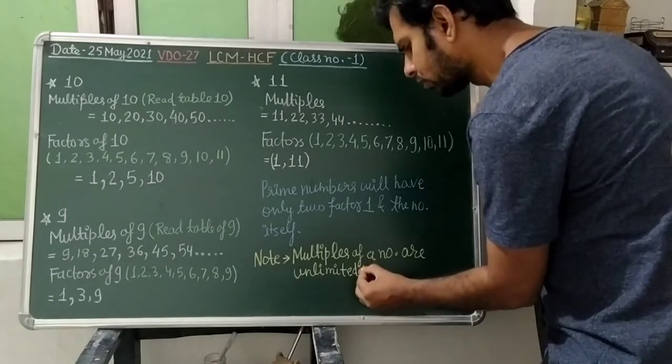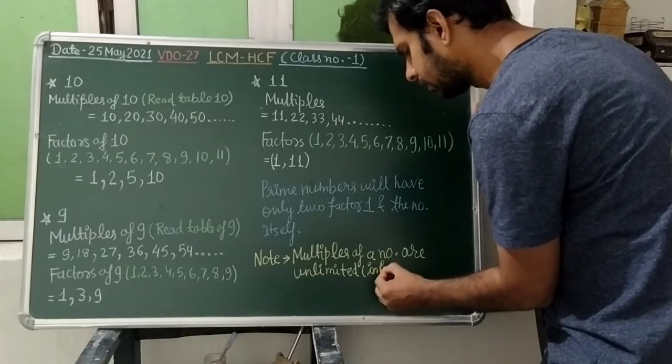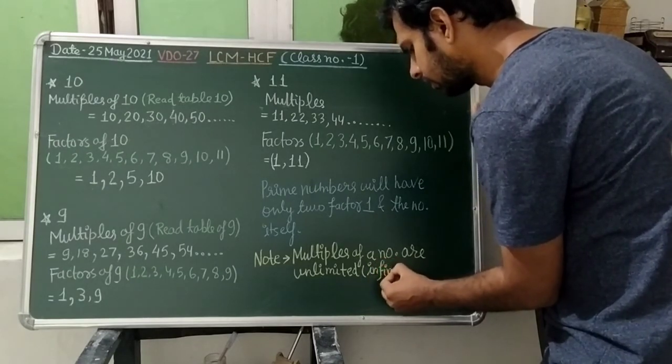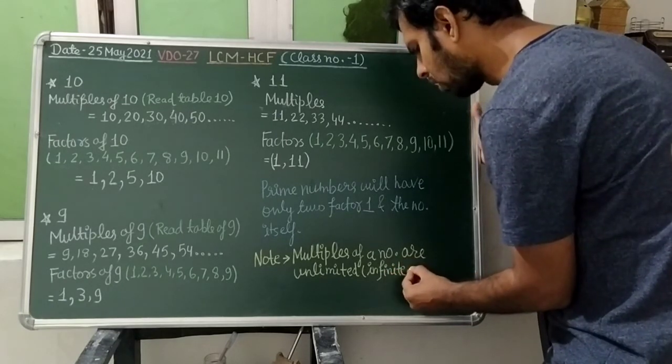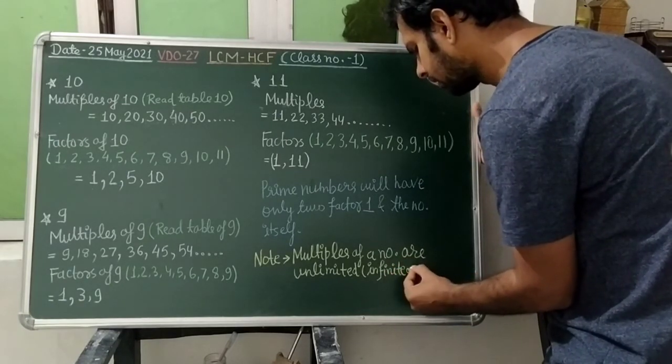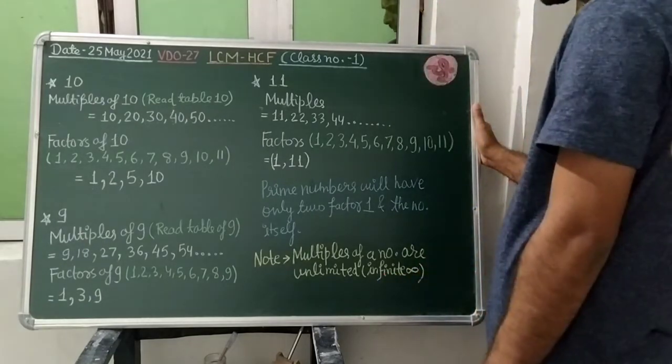Unlimited means what, students? Infinite. Meaning is what? Infinite. And do you know, students, the symbol of infinite will be something like this. Okay? The symbol of infinite will be something like this.